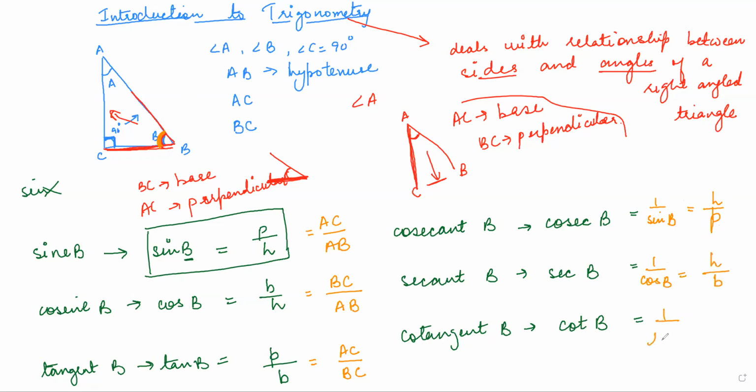And cot is the inverse of tan B, so that becomes base divided by perpendicular. Right? So these are the ratios.